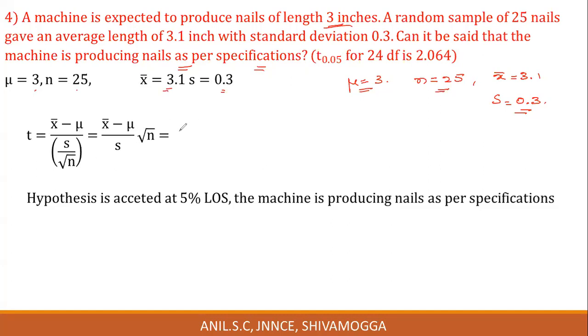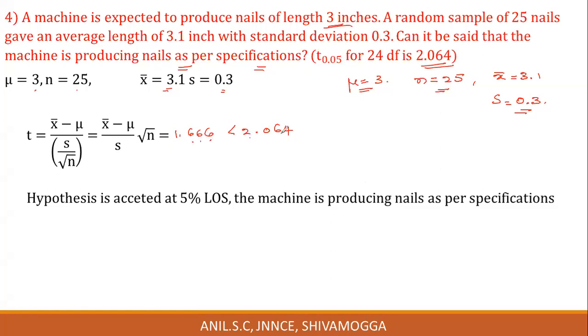Just substitute and tell me what's the answer. 1.666, and clearly this is less than the table value, which is 2.064. It is given. So what is the conclusion?